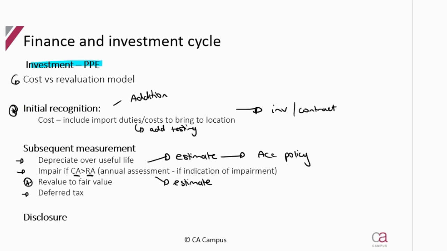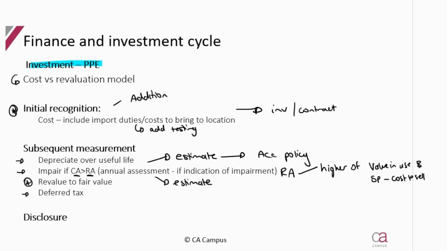How do you determine the recoverable amount? It is the higher of the value in use and the selling price less cost to sell. So you're going to have to go and get those details to determine the recoverable amount, to then compare it to the carrying amount, to then see if it needs to be impaired.